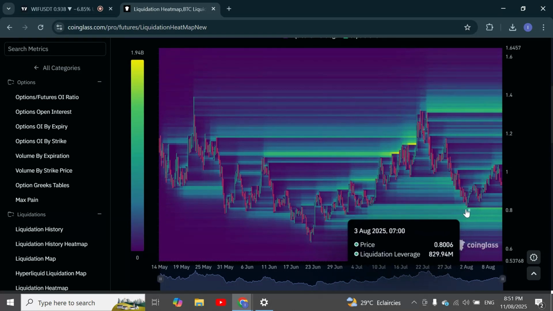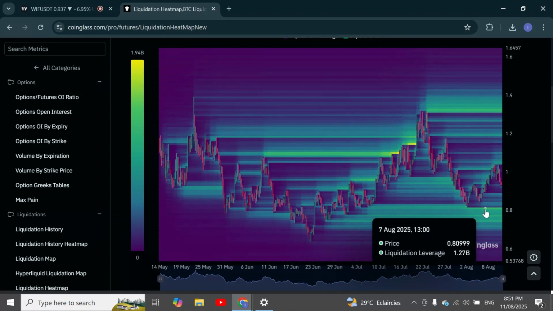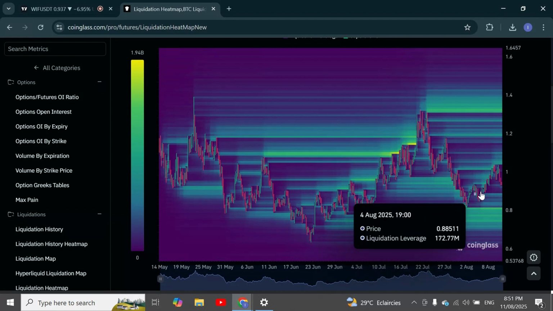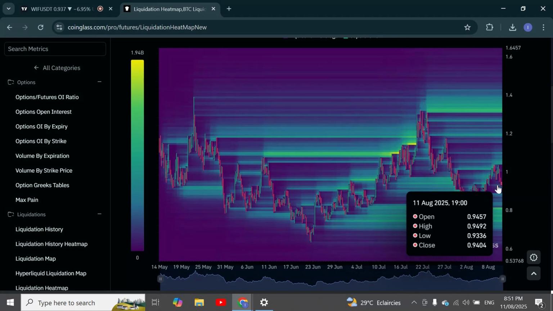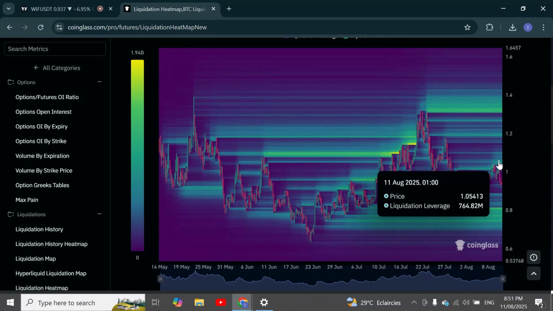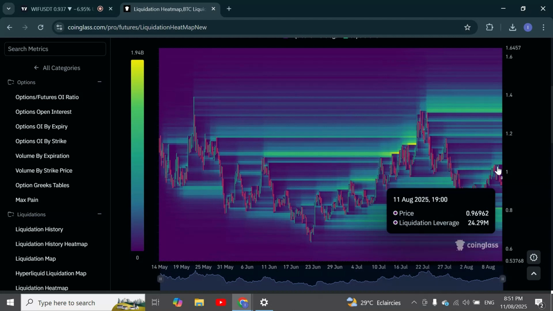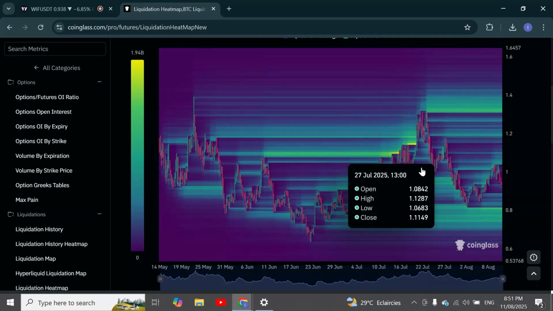As you see here, it was just 900 million, now almost 1.2 billion, because the HFTs start buying, and now they are creating more sellers. Now there are sellers trying to sell, because this is an order block, support, resistance.